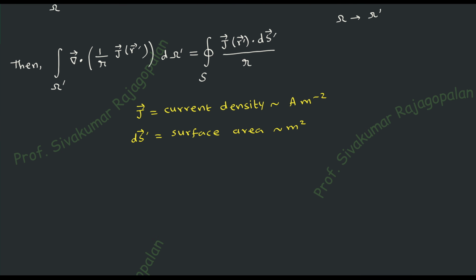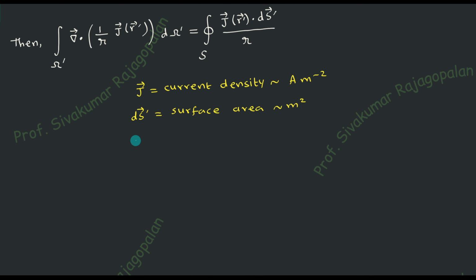So what is the meaning of J dot ds? The meaning of J dot ds is that it is the current flowing perpendicular to the surface, or we say normal to the surface, whatever name. The dot product represents the normal component. That is the standard terminology, or the geometrical interpretation. Whenever you have a dot product, it is known as the normal component. That is why we say that it is a current flowing perpendicular to the surface.